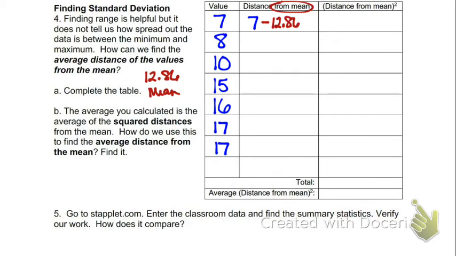I want you to write down the answer to that in that same box. So you're going to do 7 minus 12.86, and write down your total. And then 8 minus 12.86, and write down your total. I want you guys to do that all the way down. We'll check back in just a minute once you have those values.